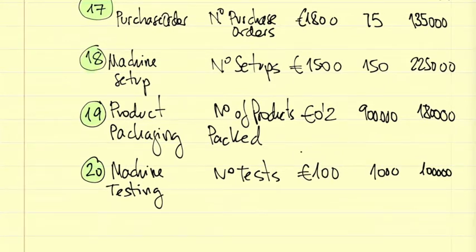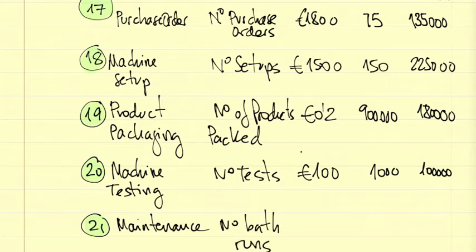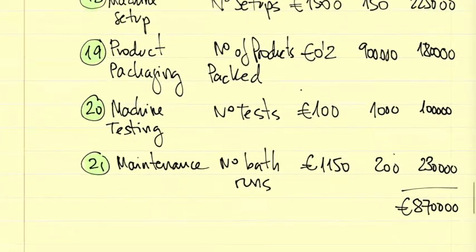And the last one is maintenance, cleaning, number of batch runs. Each one costs 1,150, and we have each 200, so this means we have 230,000 with a total of 870,000, if I have done this correctly.